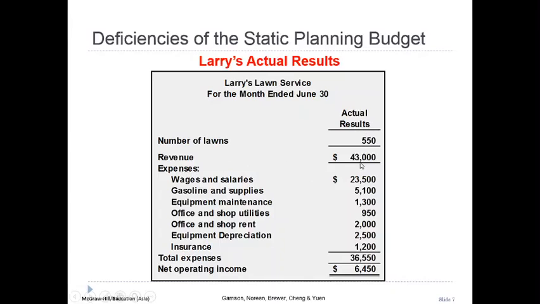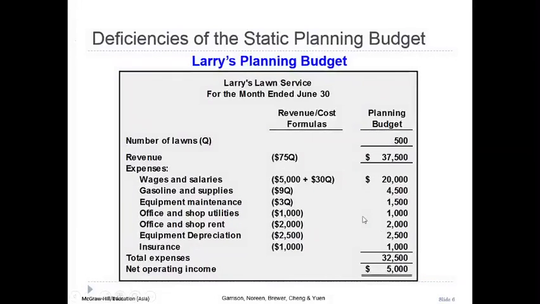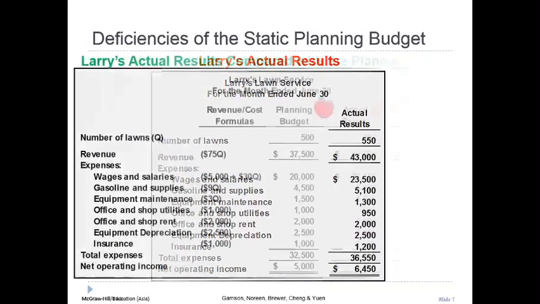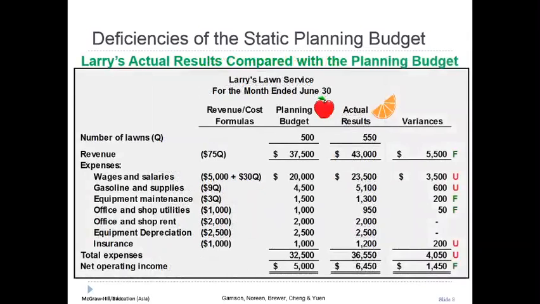The revenue that he obtained is $43,000, and the total expenses were $36,550. The office and shop utilities were $950 instead of $1,000. Equipment depreciation remained the same, and insurance increased by $200.